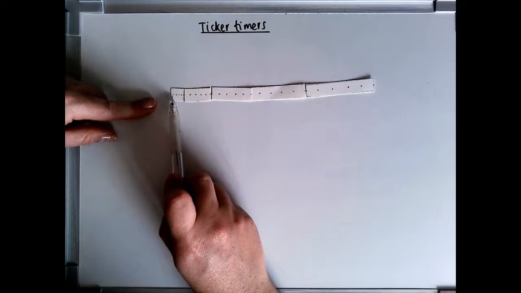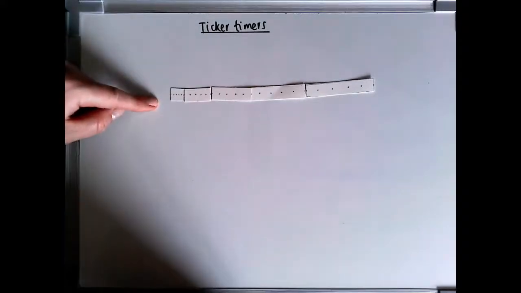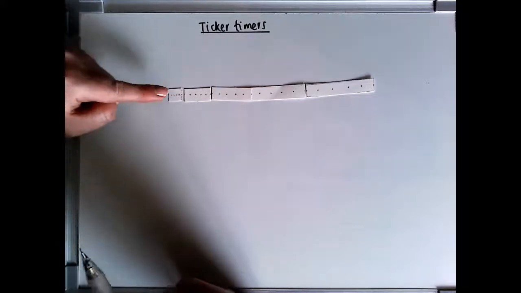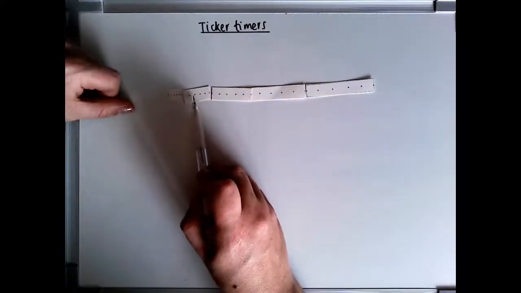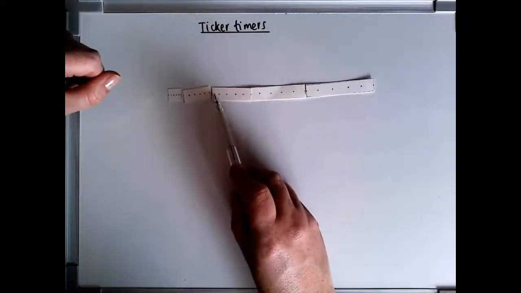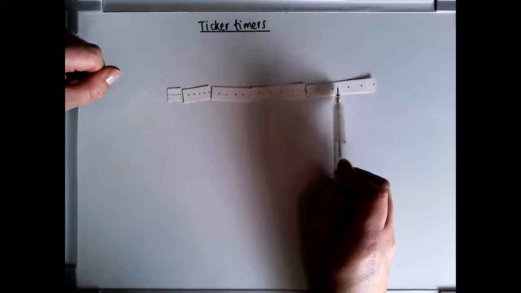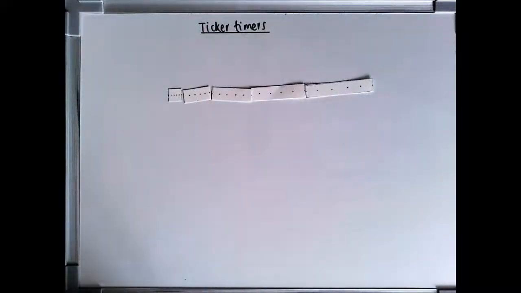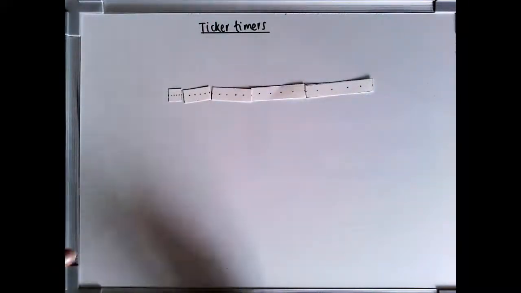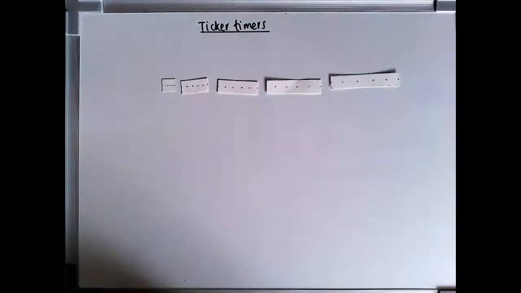So I've got 1, 2, 3, 4, 5 gaps in my first section, 1, 2, 3, 4, 5 in my second, and so on. Okay, I've got 5 gaps in each of these sections that happened consecutively.